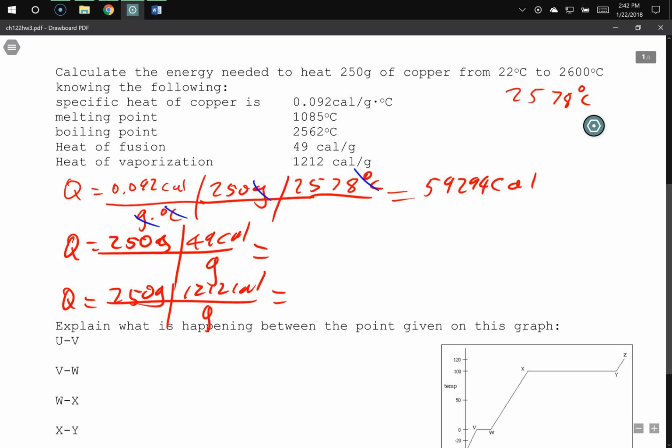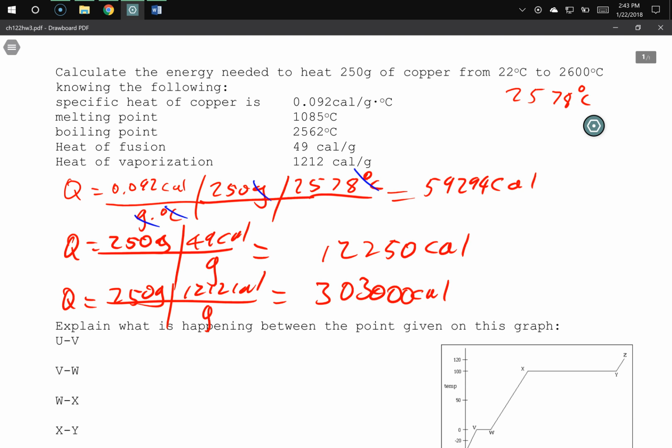All right, so the grams cancel, and I get 12 times 250, and I have 49 times 250. So this one is 30,300 calories. And this is 12,000 calories. Well, I'm missing a zero. There we go.